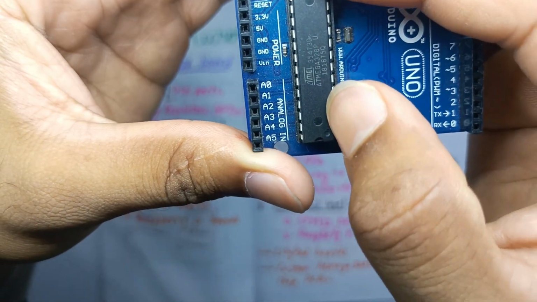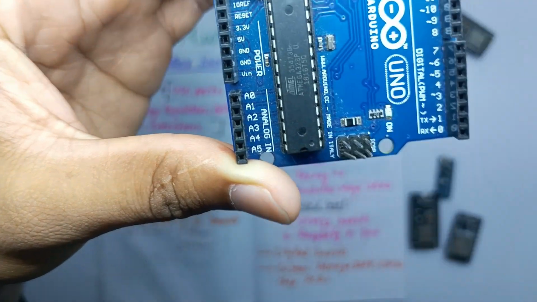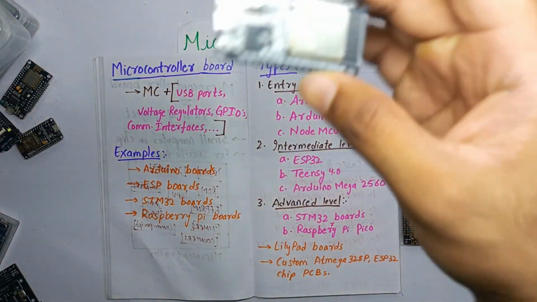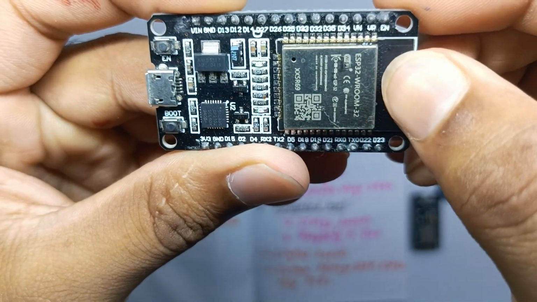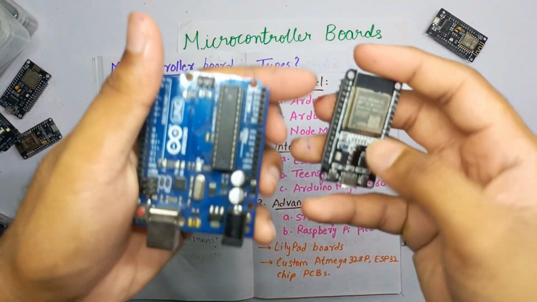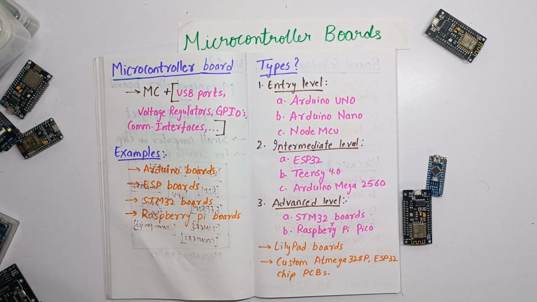You see here, ATmega328P. This is ATmega328P, and this here is ESP32. So if wanted, we can always take these two microcontrollers out and make our custom PCBs.